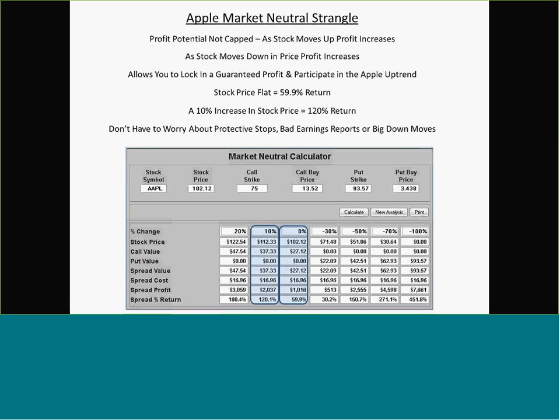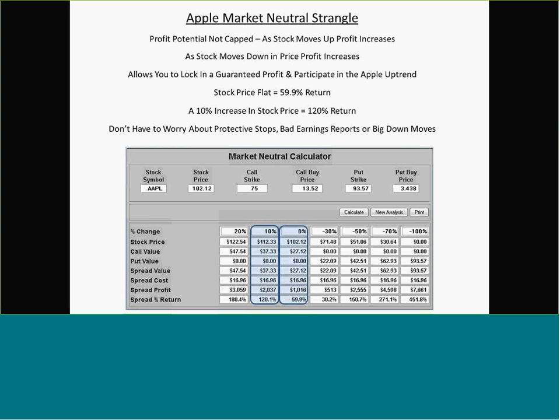So again, by creating this spread, I locked in my profits no matter what the underlying stock does. So if the stock is flat at expiration, I get a 59% return. If there's a 10% increase, 120% return. So when I purchase the put option, I give up a little bit of the profit potential, but you can see with a 10% increase, I'm still going to get a 120% return.